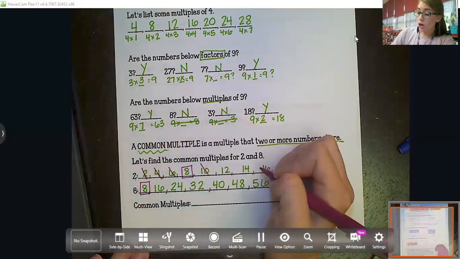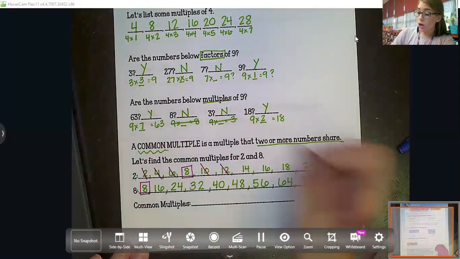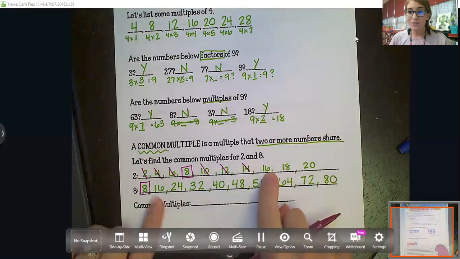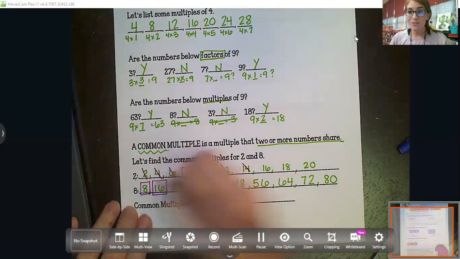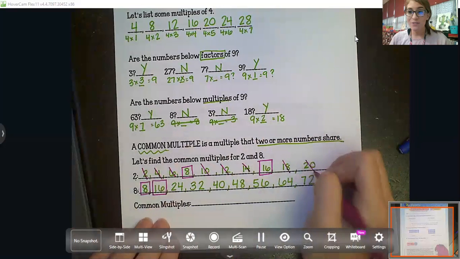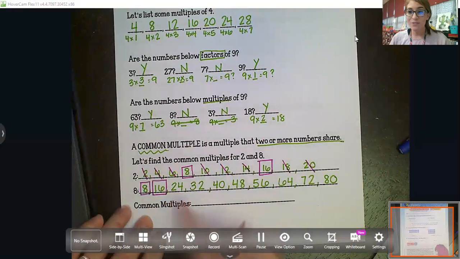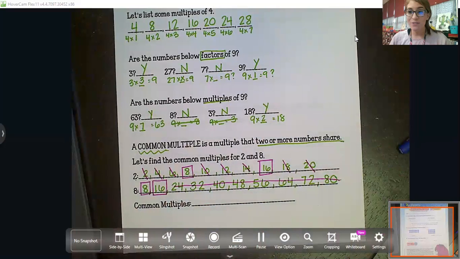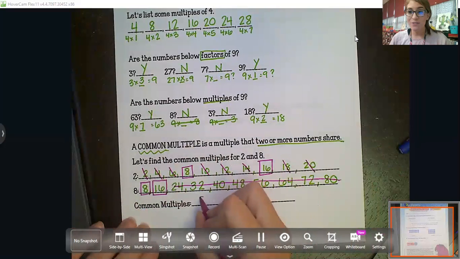Nope. 12? No. 14? 16? Yes, 16 both share. Good. What about 18? Nope. 20? No. And of course here we're higher than 20 already, so none of those are going to work either. So two common multiples that they have are 8 and 16.